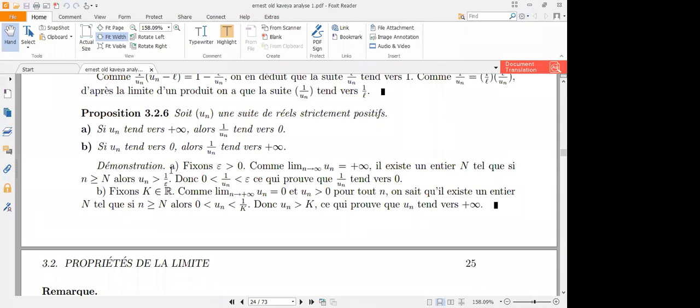Wait, sorry. Just the last sentence. Yes, that range where it says 0 is less than UN, which is less than 1 over K. So UN is greater than K. If I'm understanding correctly, here the suite UN is going to be less than the inverse of the maximum, which is 1 over K.